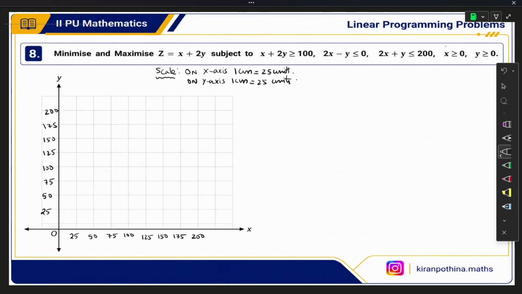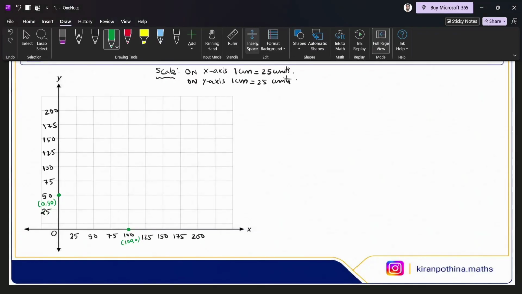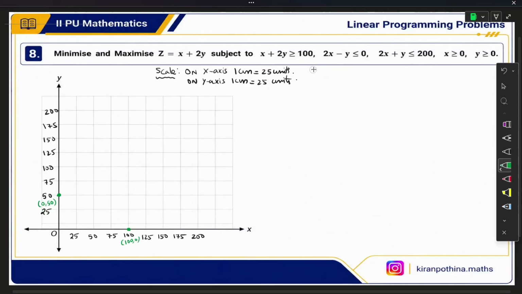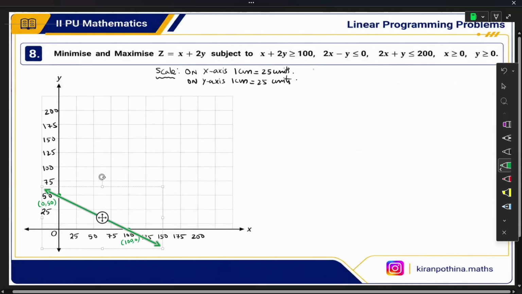Okay, the first line points I will mark with the green line. So 0 comma 50 is our first point, and then 100 comma 0. I will join those two points.